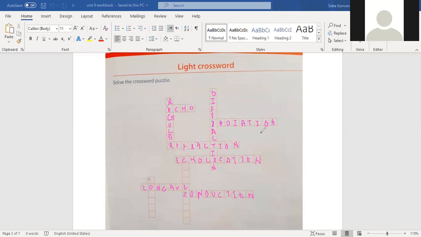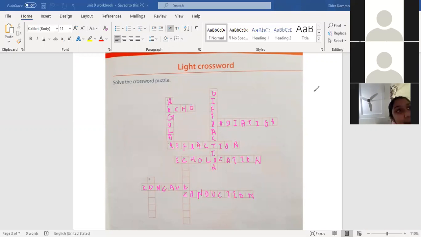Next is 7 downward. The most common method of heating liquids and gases is convection, not conduction.